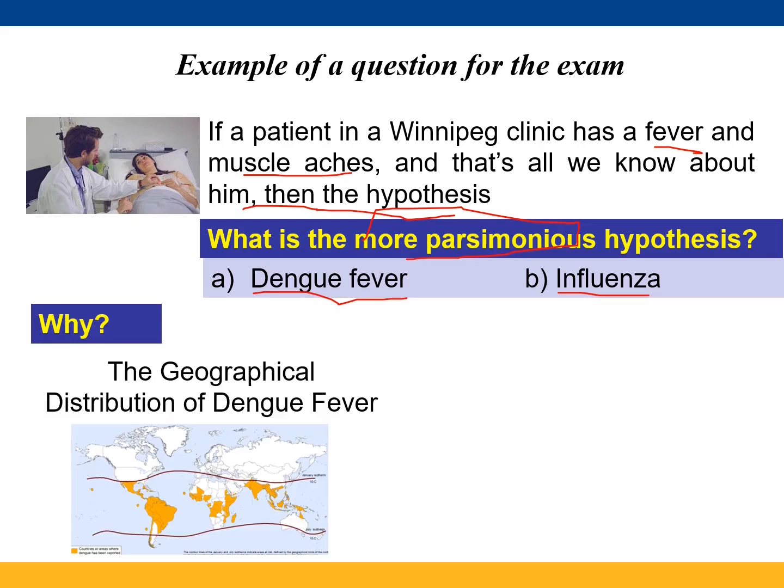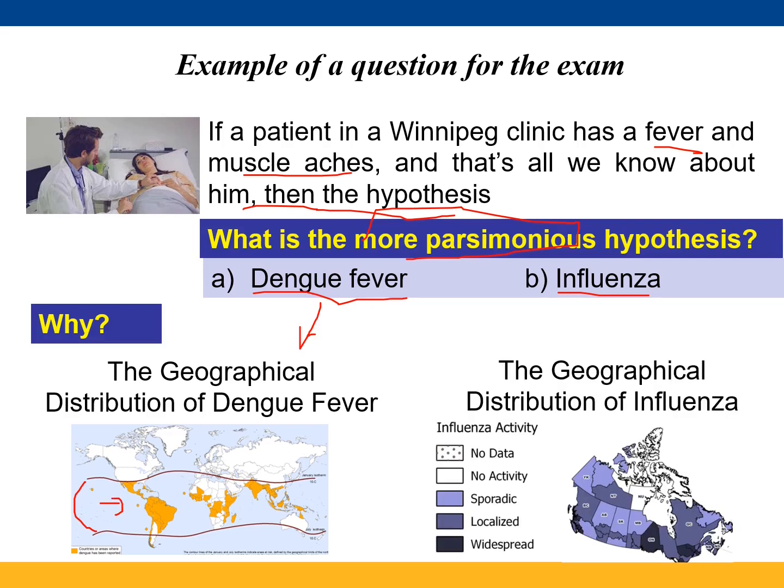we can think that first, dengue fever generally happens in tropical areas, while influenza can happen everywhere. And in Canada and Winnipeg, there are a lot of examples, especially in the area of Winnipeg.